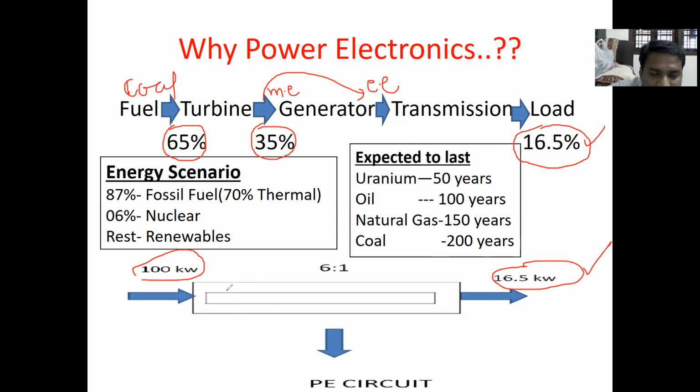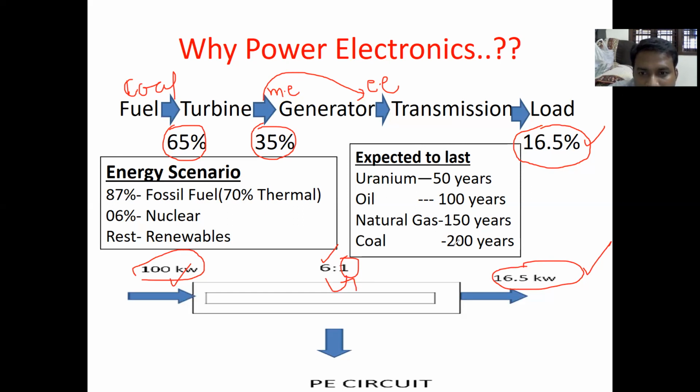By taking that example, you can see that 16.5 into 6 is approximately 100. That means for generating 1 kilowatt of energy, you are going to waste 6 kilowatts of resources.